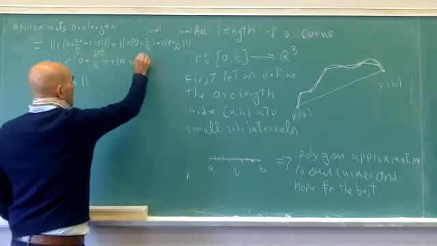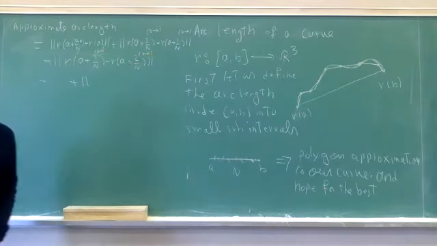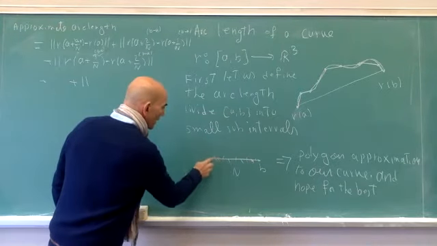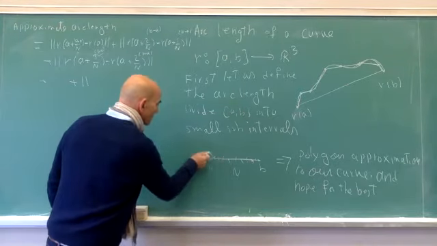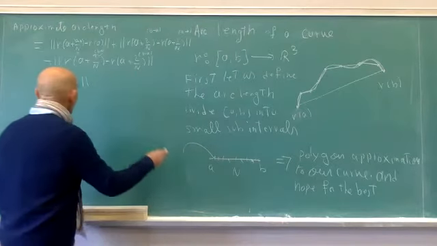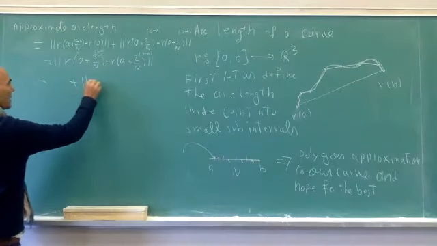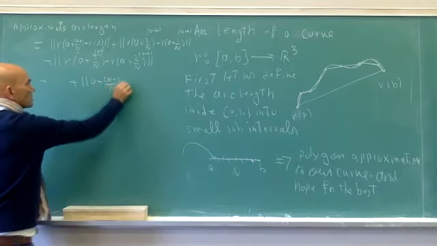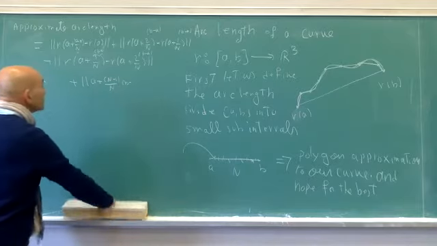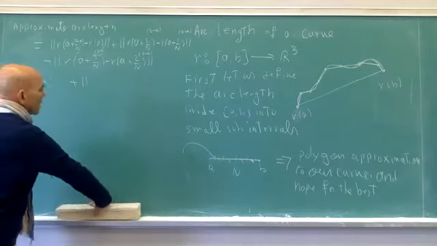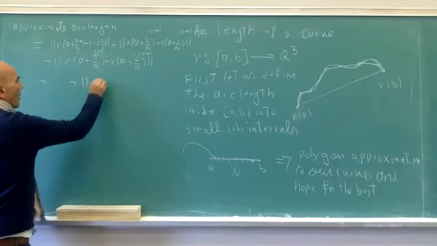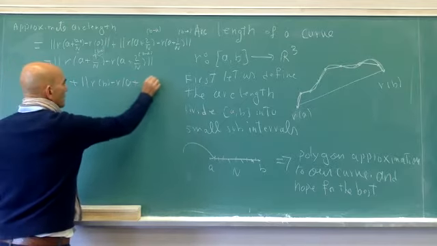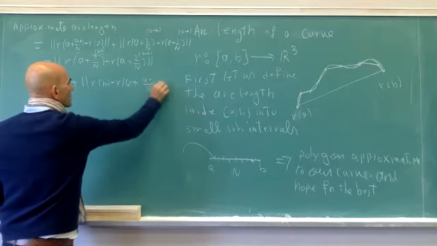So the last piece is r(b) minus r(a + (n minus 1)/n times (b minus a)).